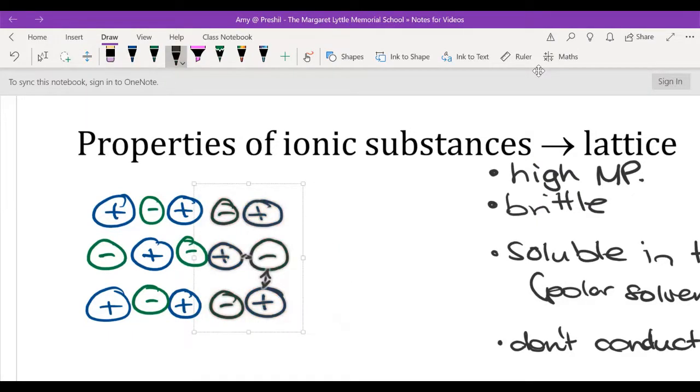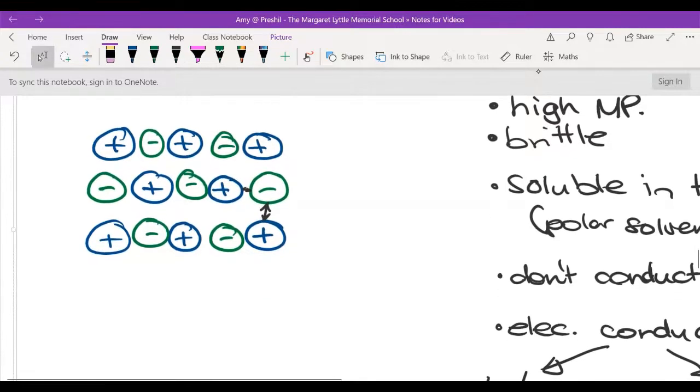Now, solubility in water. It's actually really quite cool. So water, for reasons that we get into in a later topic, has a slightly negative end and a slightly positive end.